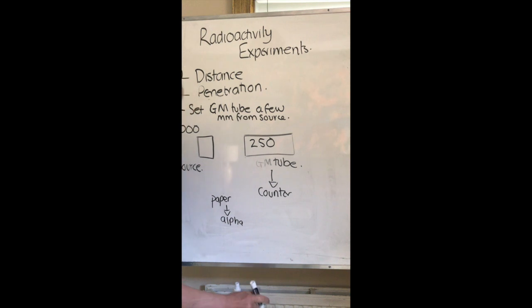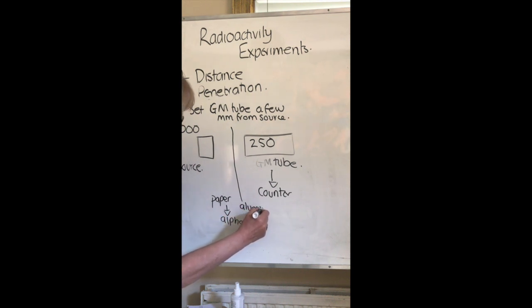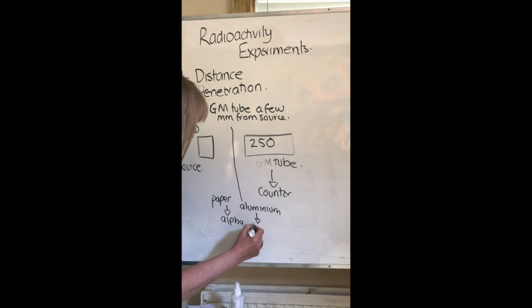If we remove that paper and put some aluminium in there, and now we drop to background levels, we know that is beta. And if you're interested in why that happens, think about the difference between the structure of paper and aluminium.